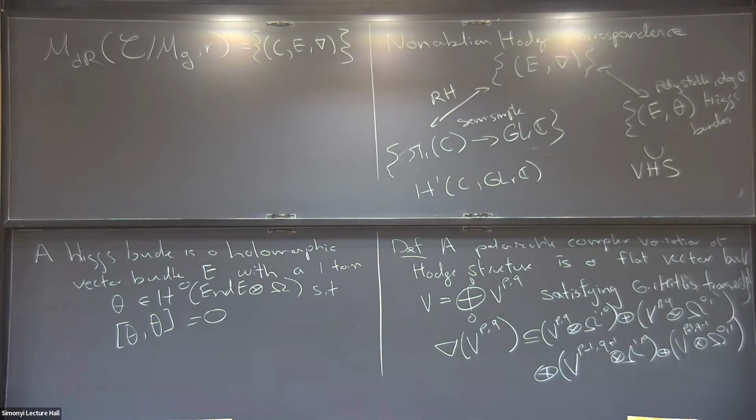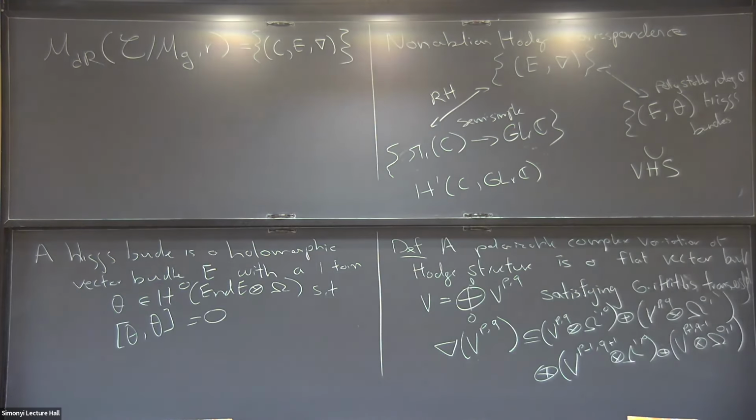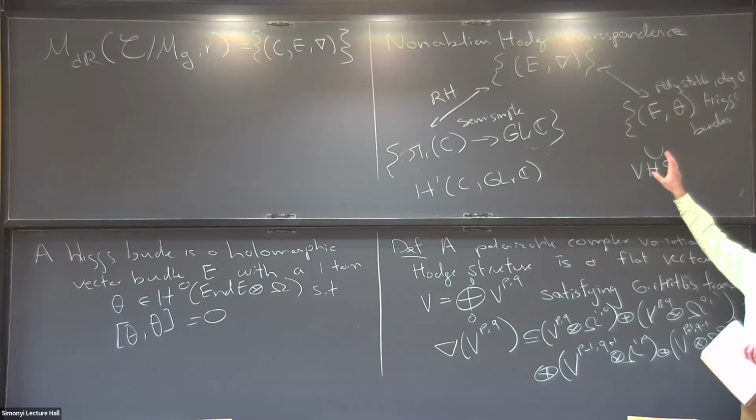And the combination of the two of those, you pair those together, you would get a variation of Hodge structure such that the corresponding representation is integer valued. And that is a Z variation of Hodge structure. And these are the analog of Hodge classes within this non-abelian Hodge structure.